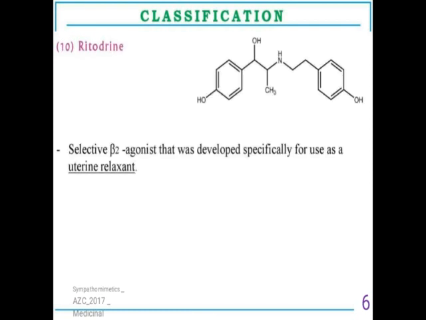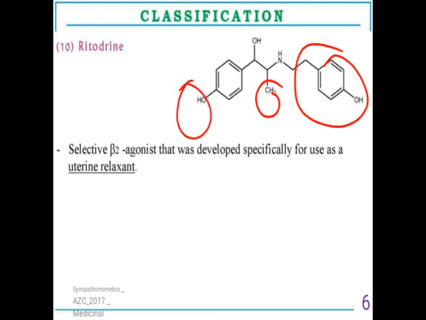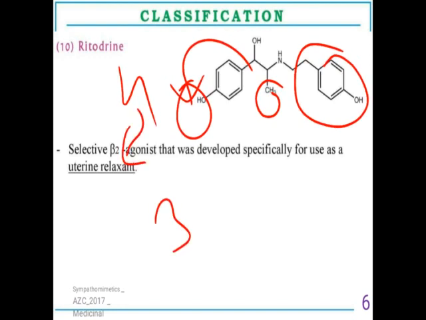Then ritodrine. Here you can observe this bulky group at this position. This is CH3, and this is only the hydroxy group. This hydroxy group is present at the fourth position. Due to its presence at the fourth position instead of the third position, it becomes more beta 2 selective, and it is utilized as a uterine relaxant agent.